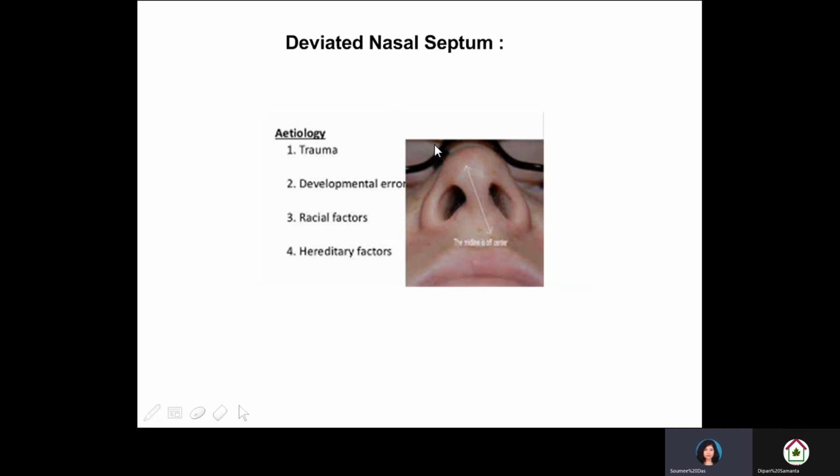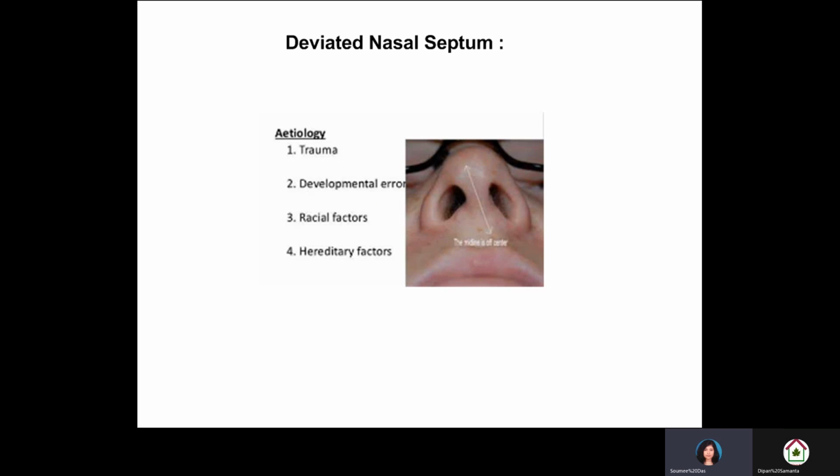Next is deviated nasal septum. Sometimes we find a nose like this. Apparently it looks normal, but if we take a closer look and examine this part, we will find that it is slightly deviated or displaced. This is called deviated nasal septum. It can result from trauma or injury, or it can be a developmental error, meaning a congenital malformation.